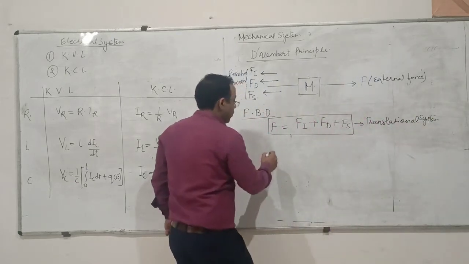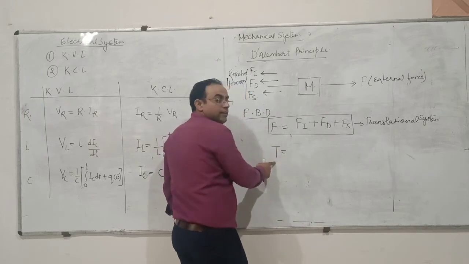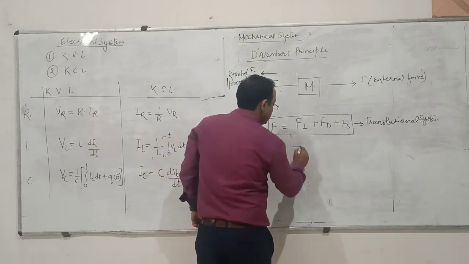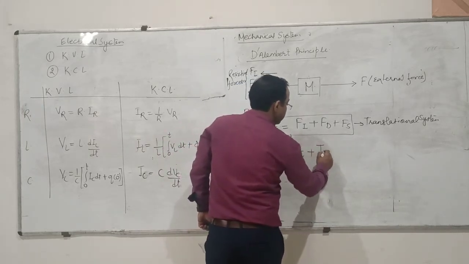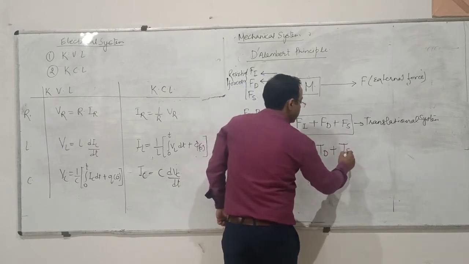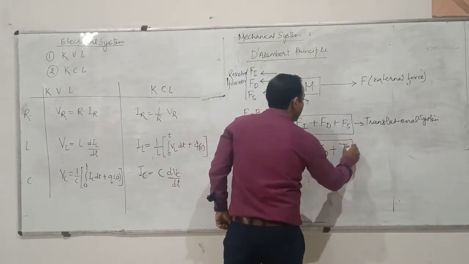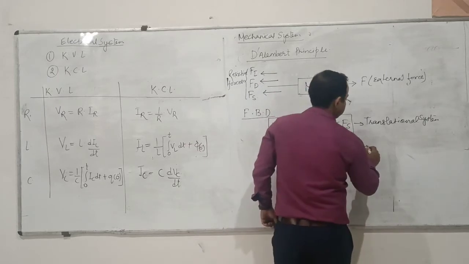Or we can also write it as the external torque equals inertia torque plus damping torque plus spring torque in the case of rotational system.